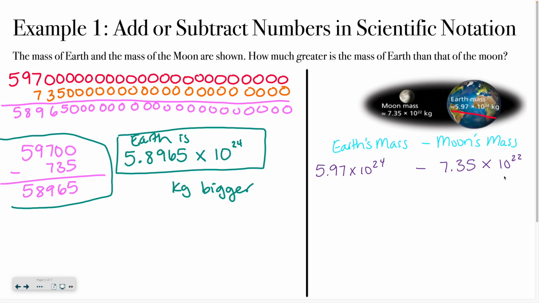Now, if I think back to our lesson 2.6, which is the first part of chapter 2, part 2. In my class, we split chapter 2 into 2 parts. Now I'm going back to that first lesson in that second part, okay? So 5.97 times 10 to the 24th minus 7.35 times 10 to the 22nd.